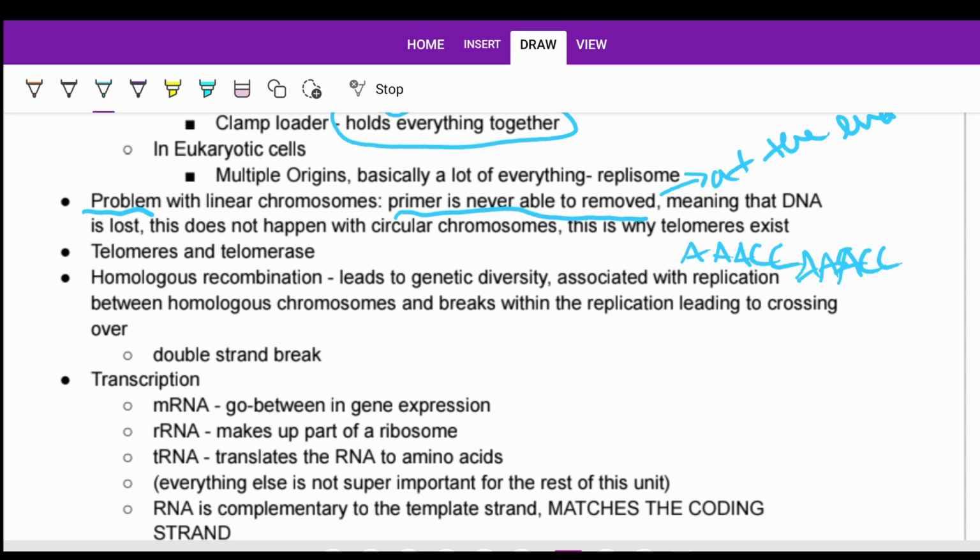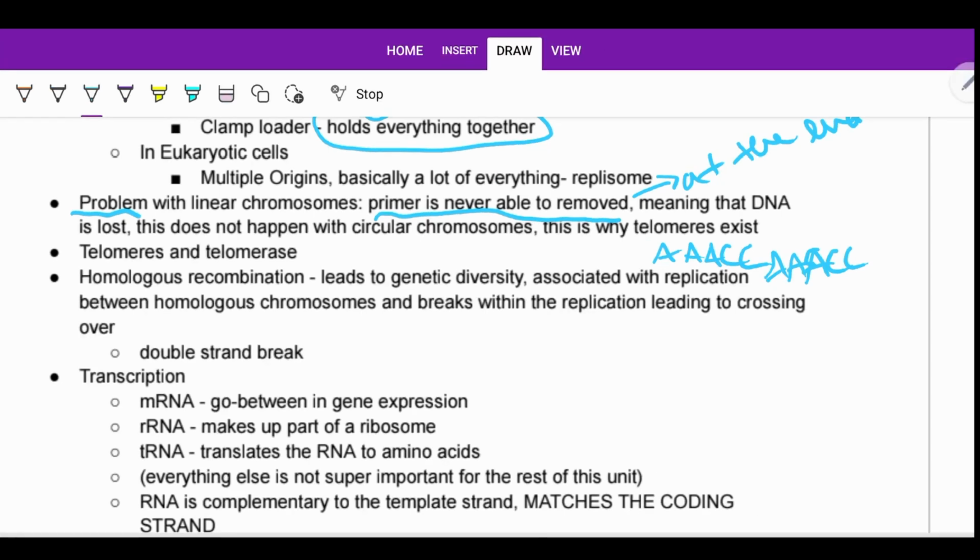This is something that is associated with aging. So obviously, as you age, your telomeres get shorter, and that's why we have telomerase, which tries to fix some of that problem. It will add more base pairs onto the end of this in order to help the telomeres not shrink at a terrible rate. So telomerase elongates the telomeres.